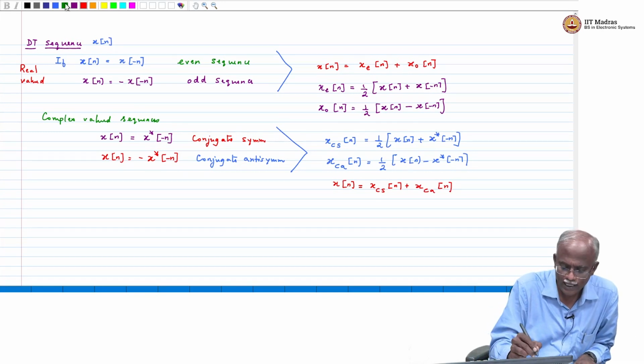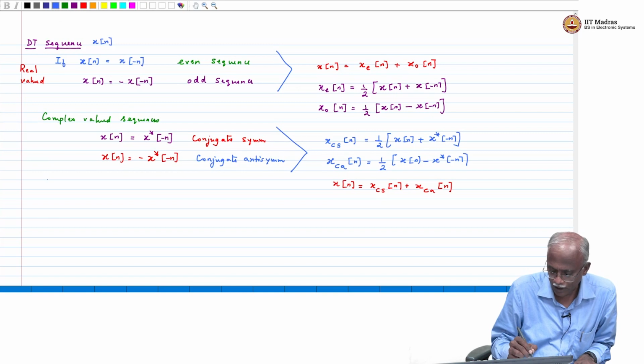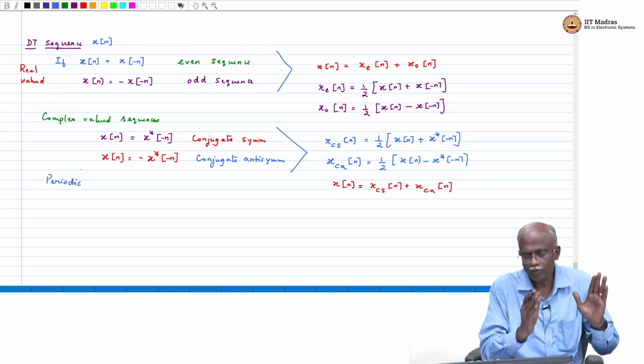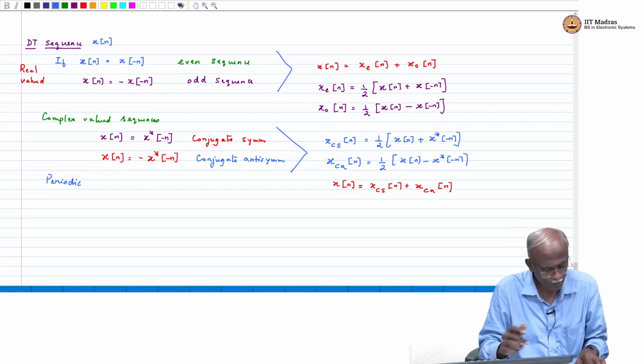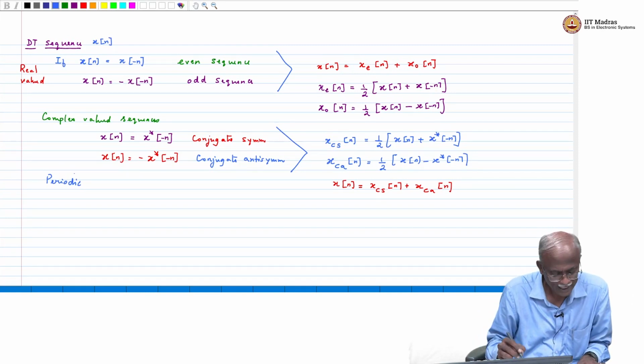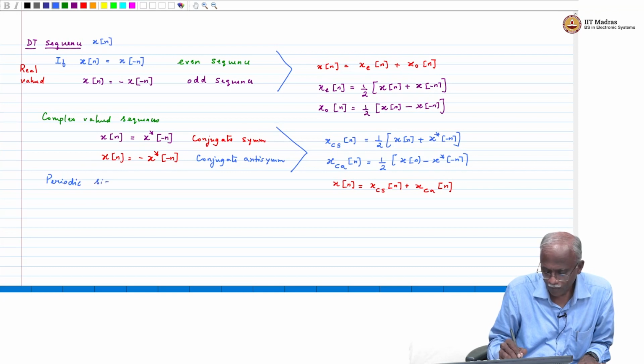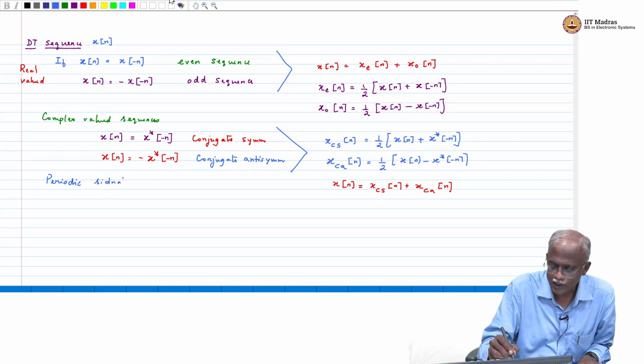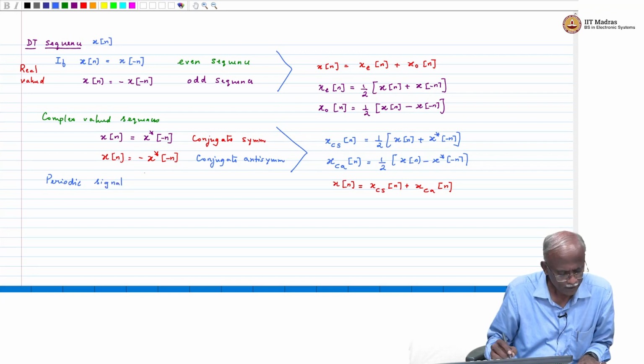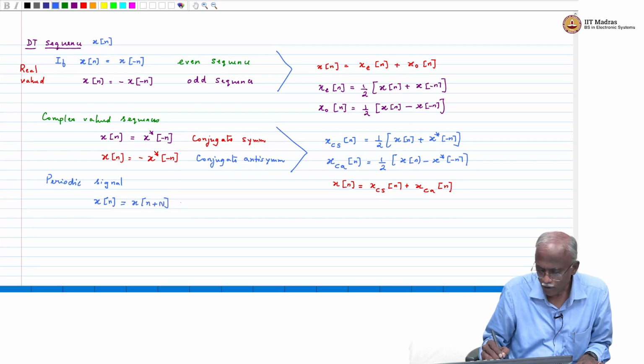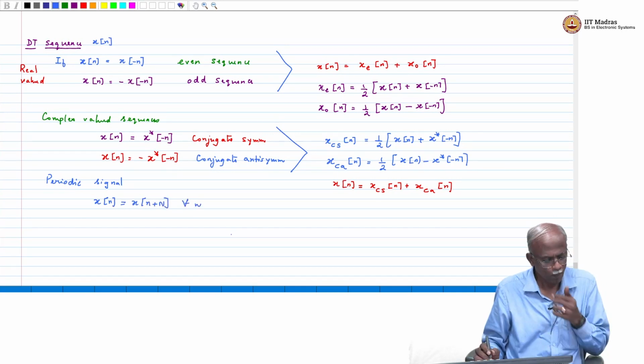And once again, let me remind us that we are talking about periodic signals, which can be discussed not only in the context of sinusoids, but also in the context of non-sinusoidal functions. A periodic signal is one which satisfies the following property: x of n is equal to x of n plus N for all values of n.